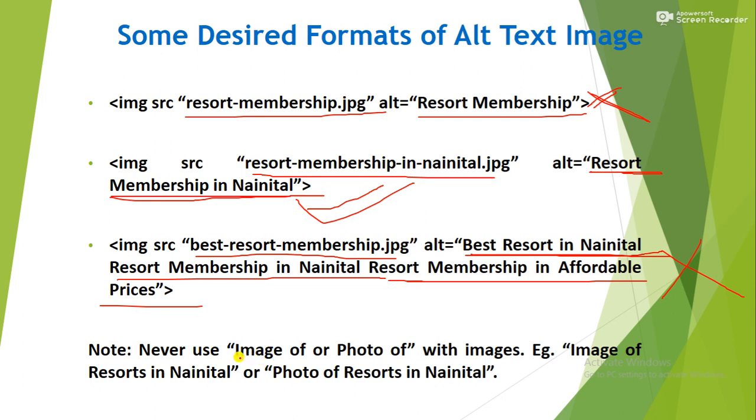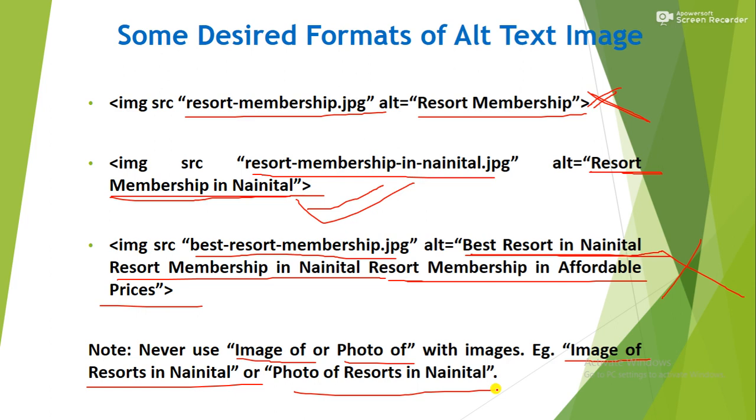Now guys, one more mistake which most people make is that they write "image of" or "photo of" before their alt text. They write the alt text like image of resorts in Nainital, photos of resorts in Nainital.